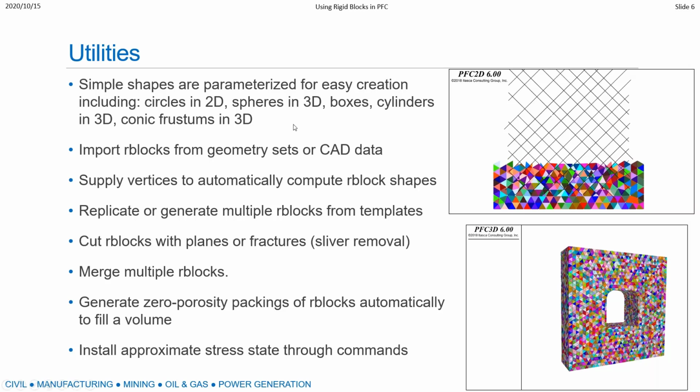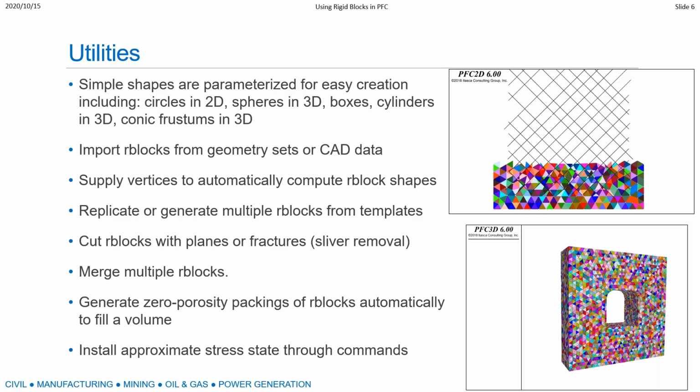You have also the ability to import those blocks from a geometry set or from CAD data, if you have CAD data. You can supply vertices automatically to compute rigid block shapes. So if you supply a set of nodes, then you will compute a convex envelope for those nodes and create a rigid block.